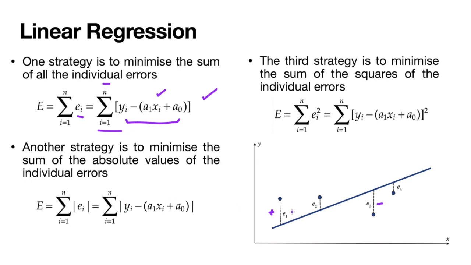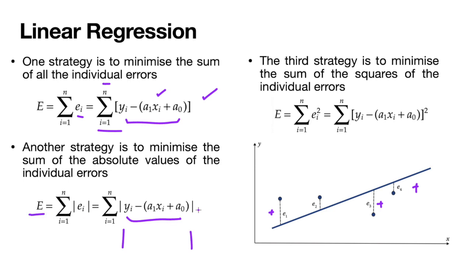We consider the negative errors to be positive as well. So we take the absolute value of all errors and then add them together. In this way we come up with one value of E.